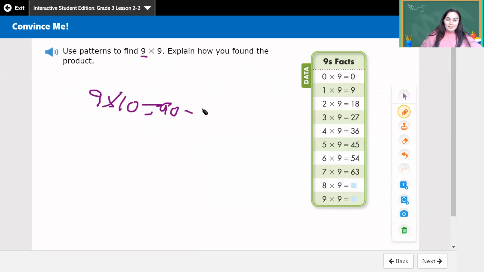And then we take away those 9 extra, it'll give us 81. See how quick that was? Instead of going 9 plus 9 plus 9 all the way out to 9 spaces. A lot quicker to multiply by 10 and subtract, or to multiply directly, okay?